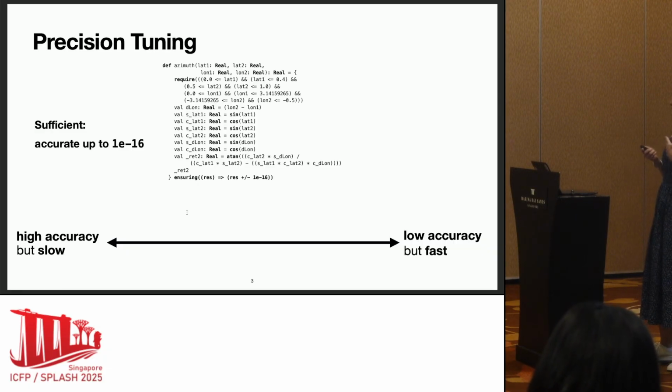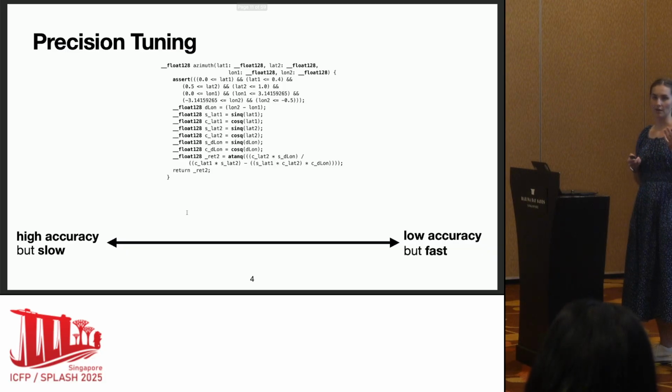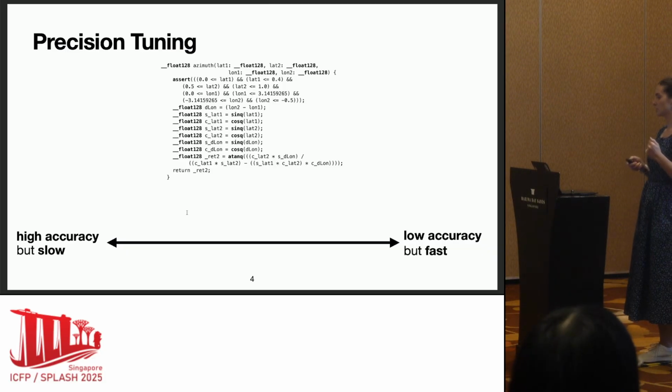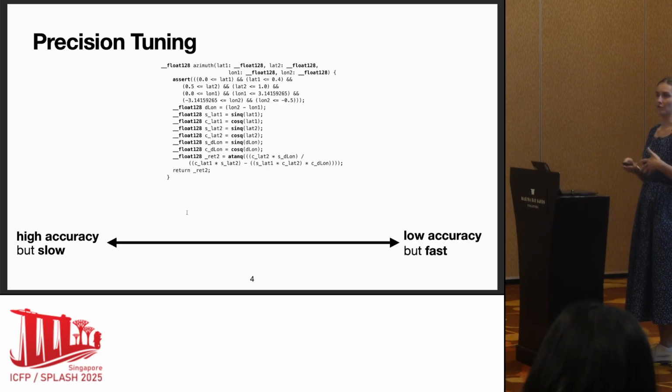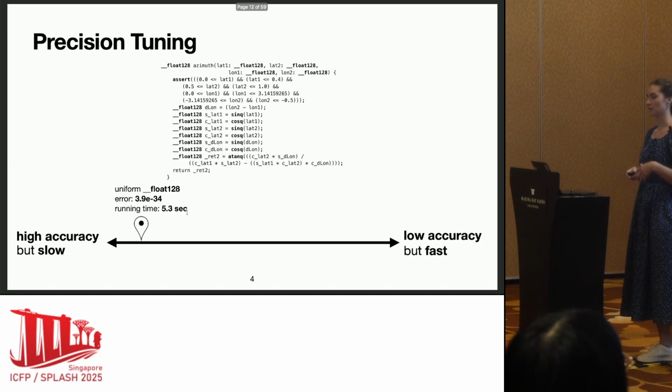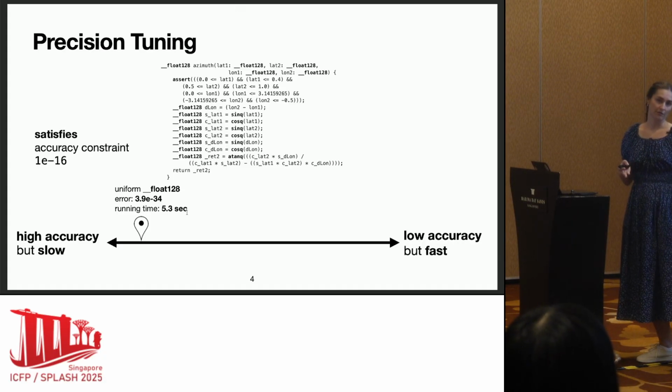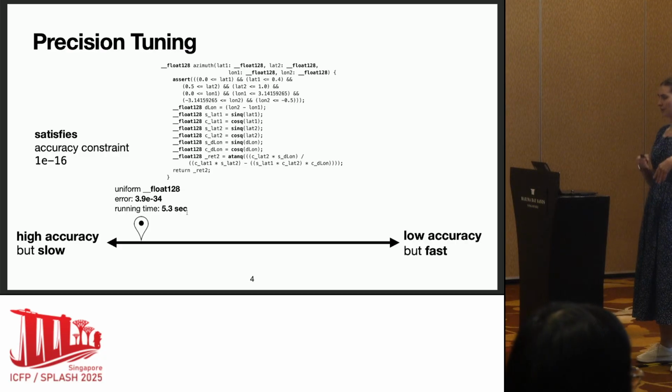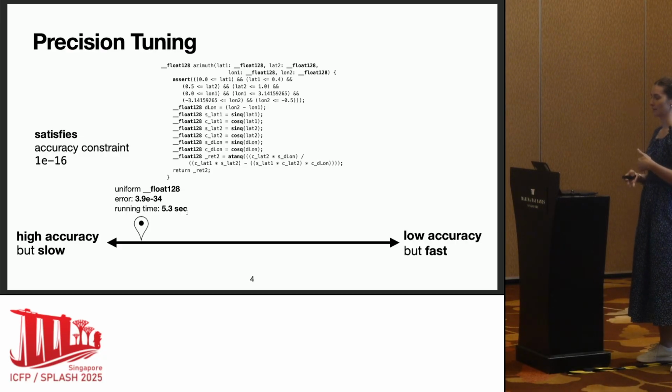You could use very high precision, say 128 bits or quad precision, and assign it uniformly to all operations, and then executing such a small code snippet on 1 million samples would already take 5 seconds. But of course, it satisfies your accuracy constraint. Actually, it overly satisfies it, overshoots it by 18 orders of magnitude.